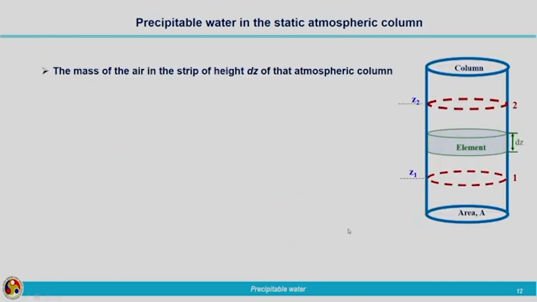Now, let us see what will be the mass of moist air present in the strip of height dz of that atmospheric column. First, we will find out how much is the mass of the moist air present in this elementary strip dz. How can we get the mass of a particular quantity? We will be having density.